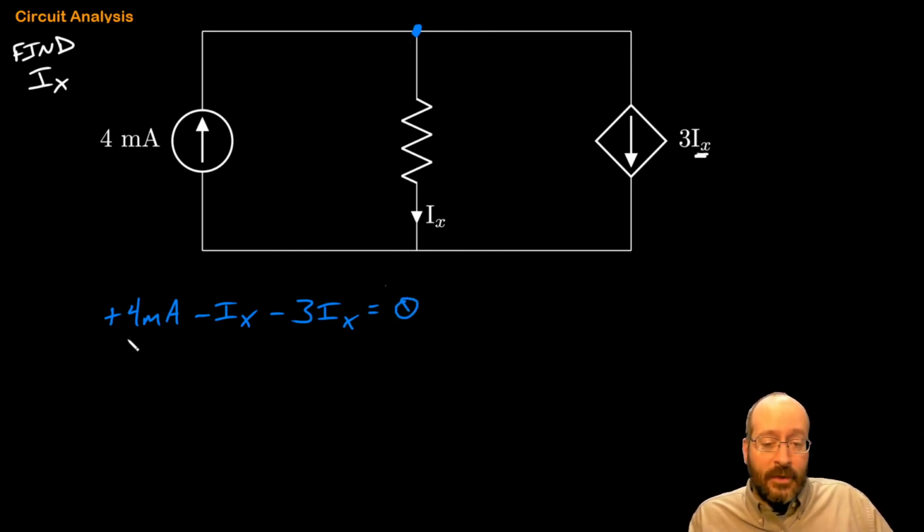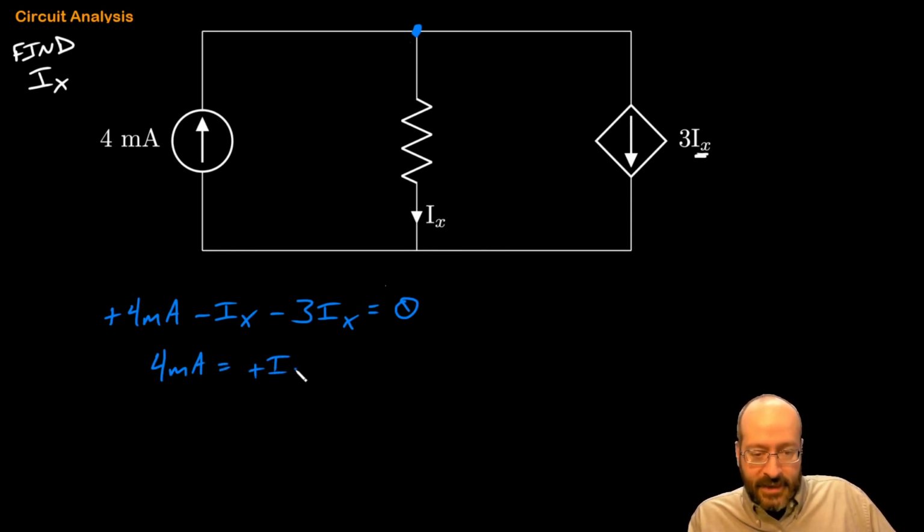All I have to do is solve. I've only got one unknown, and I've got one equation. So let's move those over: positive IX and positive 3 IX. Now I can pull IX out of there, and I have 4 mA and 4 times IX.